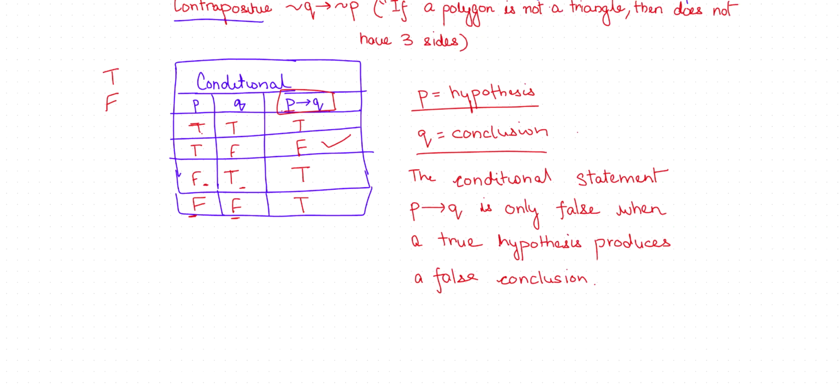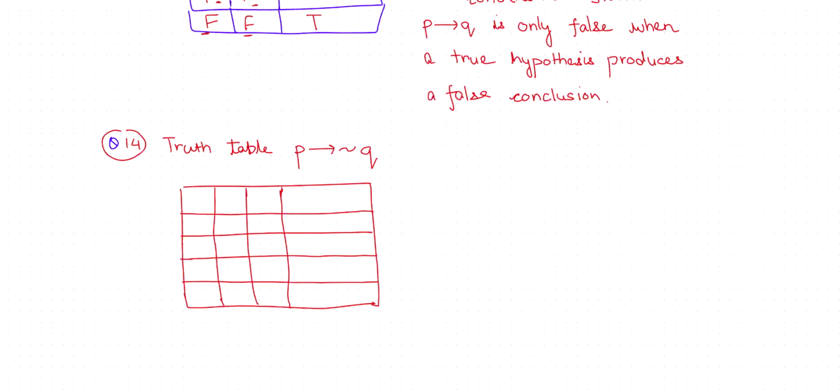So let's do question 14 and then our concepts will be clearer. We have to make a truth table for if P, then not Q. We know this is the sign for not, negation.